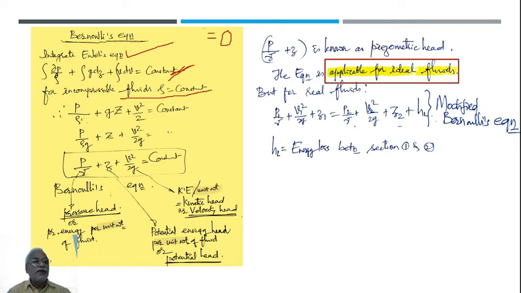Or divide the whole thing by g, acceleration due to gravity, so P/ρg plus z plus V squared by 2g is equal to a constant, right?